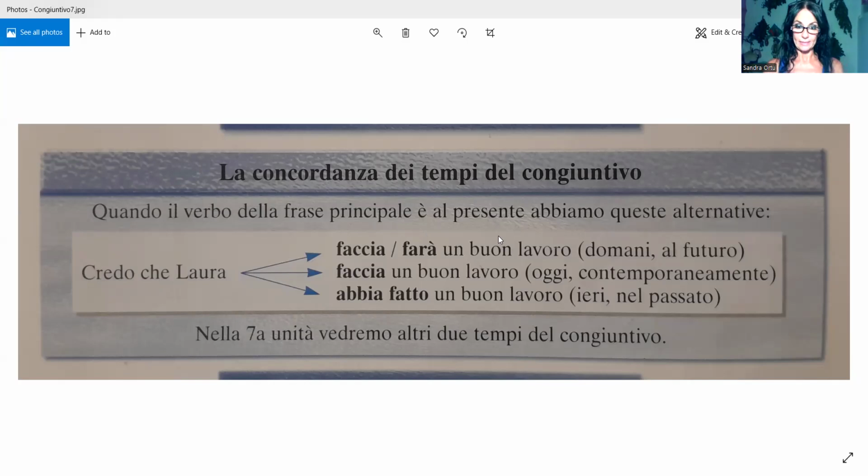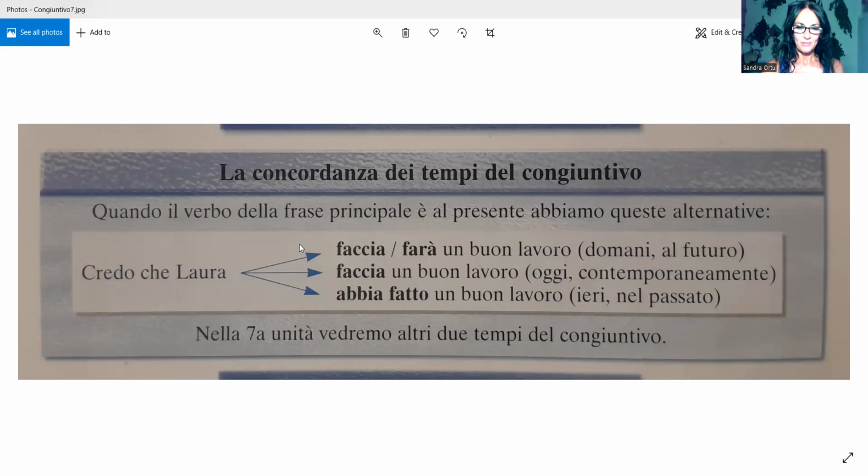If we're talking about the present, "credo che Laura faccia un buon lavoro oggi" o contemporaneamente. So I believe that Laura does a good job today. No, we have to be really strict. Does a good job today, at the moment, at this time. Even English sometimes I think is becoming a little bit fluid, especially with the -ing.